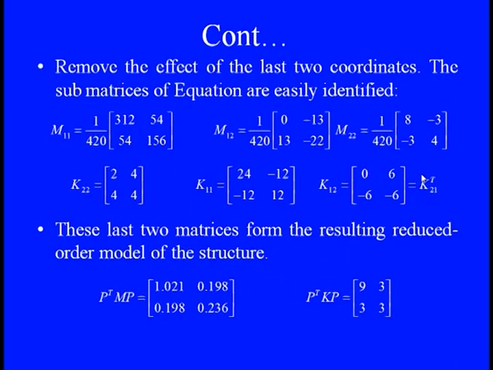At the same time we can calculate P transpose K P, which gives 9333 and so on. These are the two main reduced order model matrices, clearly showing how reductions can be done with the significant and insignificant features.